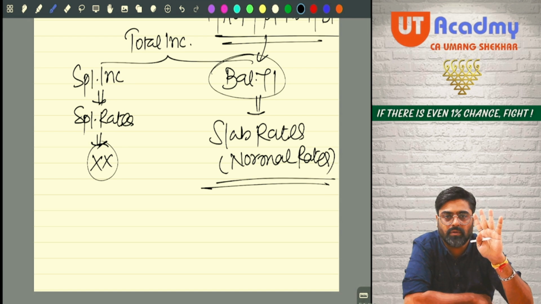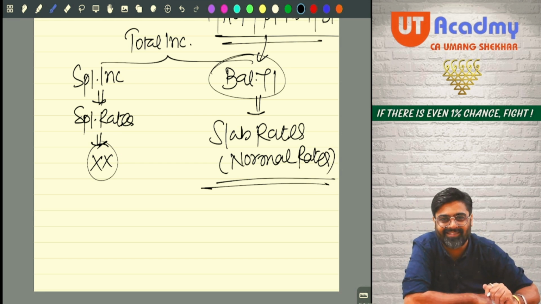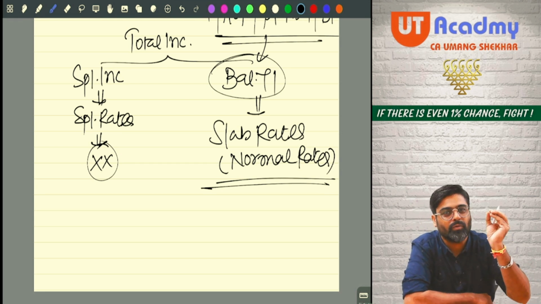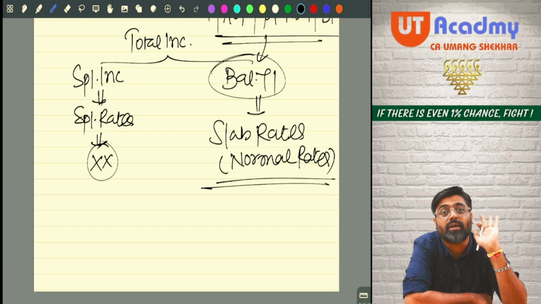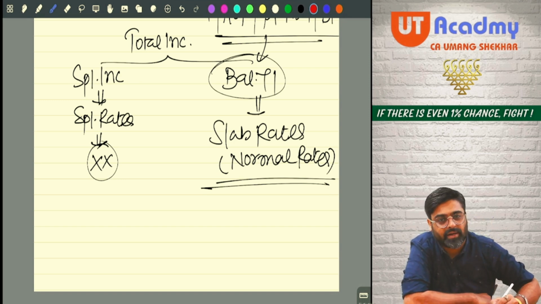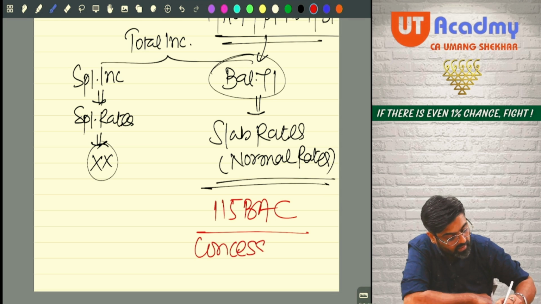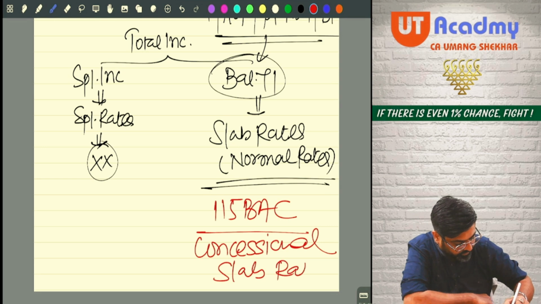But wait, these normal slab rates are a little bit higher. Do you want some concession in tax rates? Would you like to pay tax at lower rates? There are alternate rates given in section 115BAC, which are known as concessional slab rates.